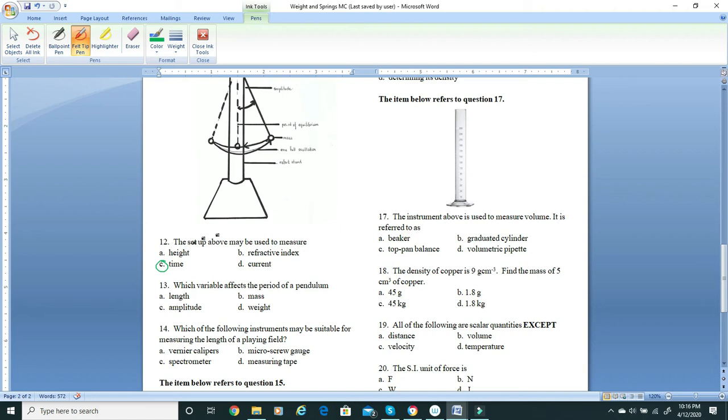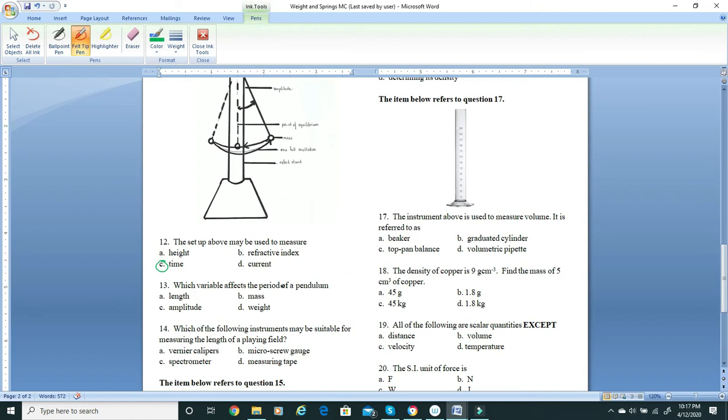So it's not used for height or refractive index. Height, you need a meter rule or a ruler, something like that. Refractive index is about the bending of light in glass or whatever transparent object or substance. And then no to current. There's no ammeter there.